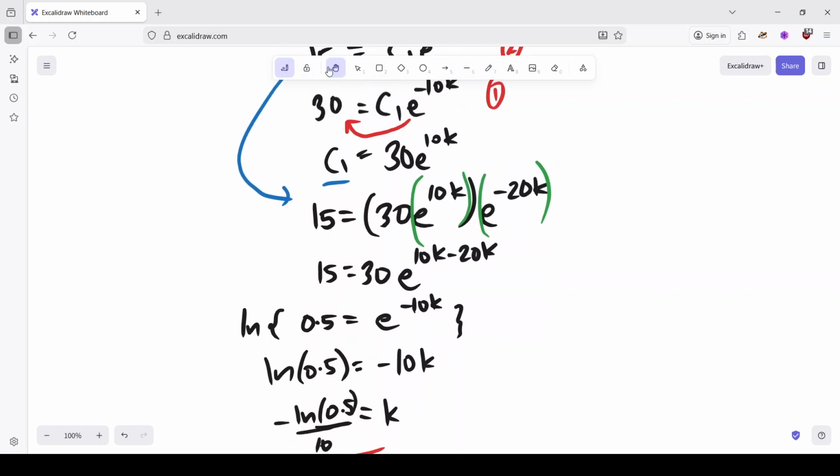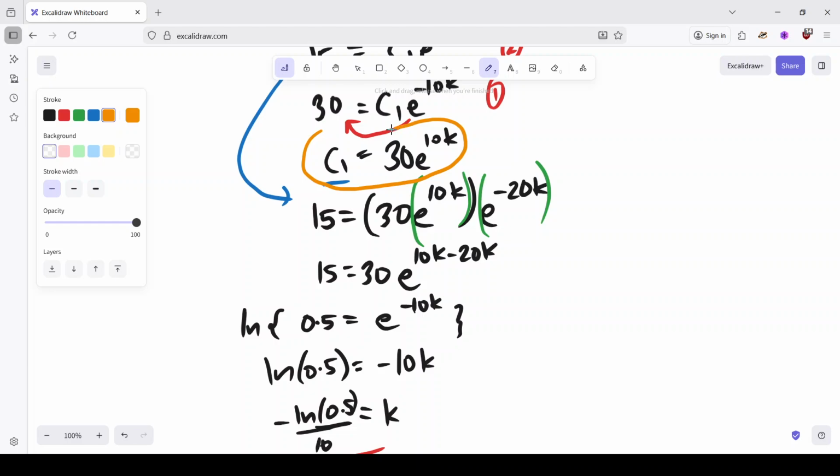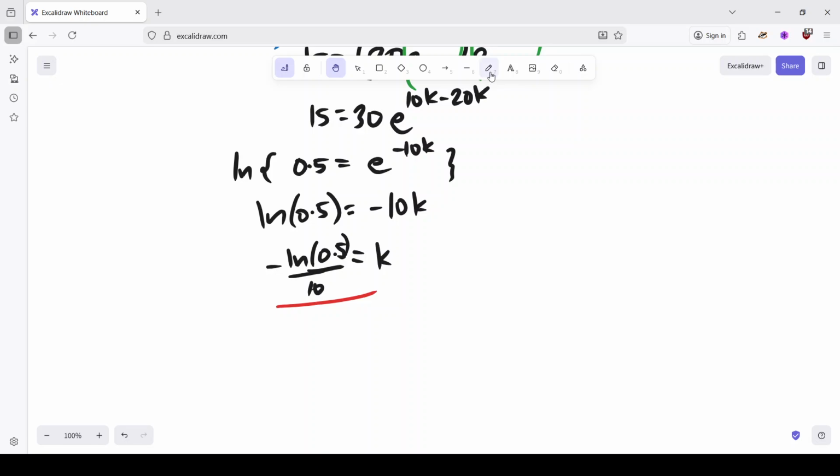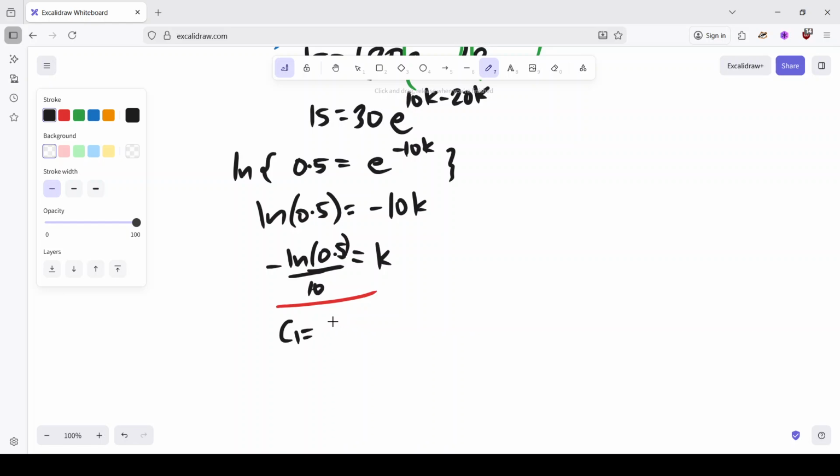You can use this equation. So for c1, we will have 30 e raised to 10k.